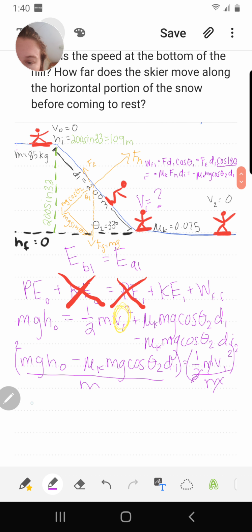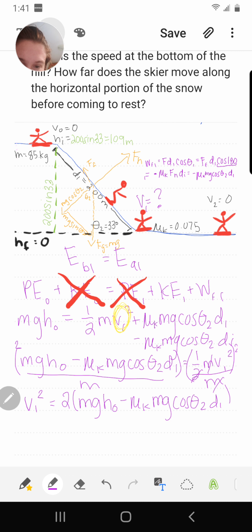So we're left with our velocity squared equals 2g over our mass.